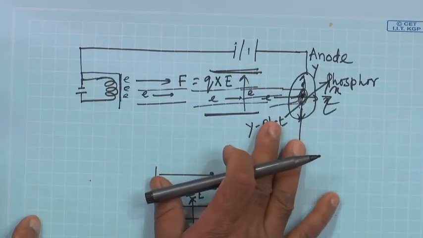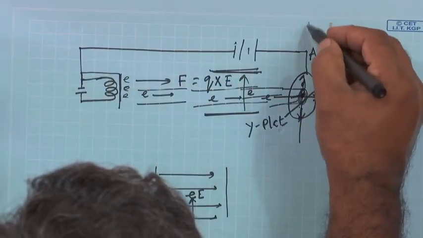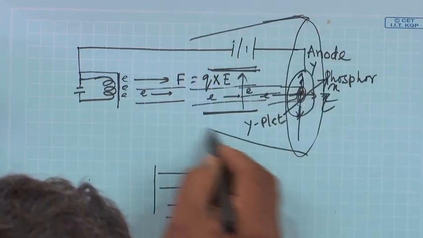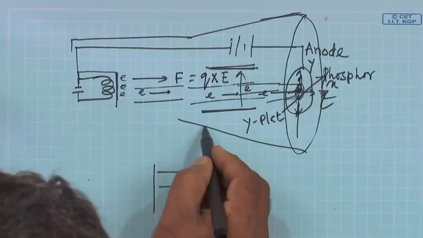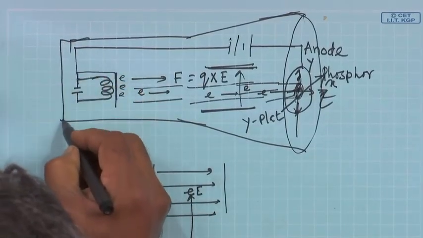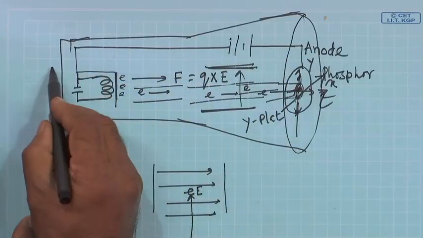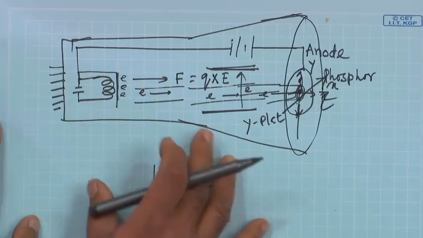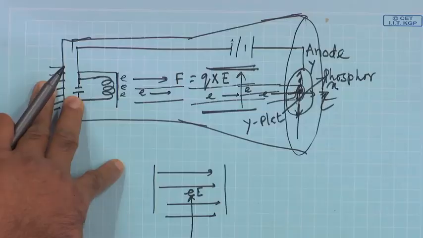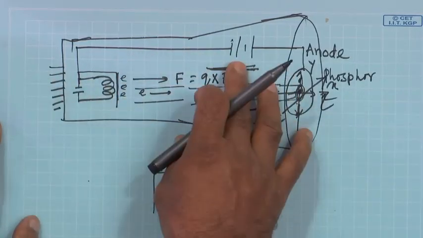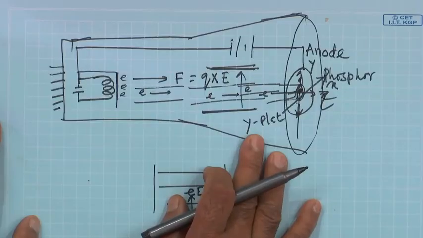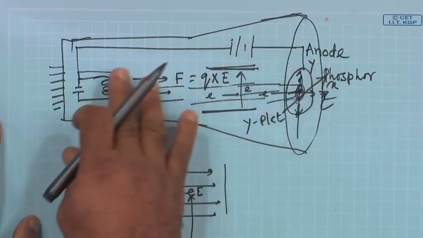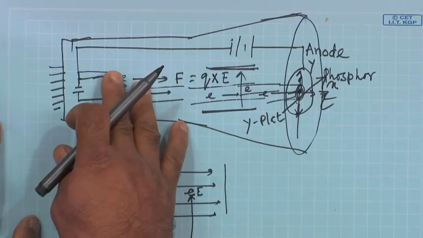Now, this whole thing is put in a vacuum tube, and the power is given through pins, which are called feedthroughs. Through the feedthroughs we give power to the capacitor plates, to the filament, and the voltage between the cathode and anode.